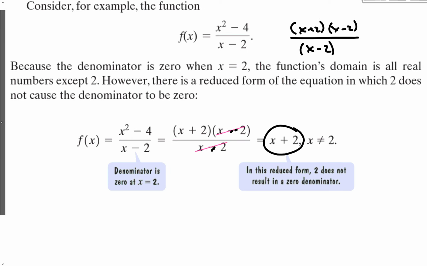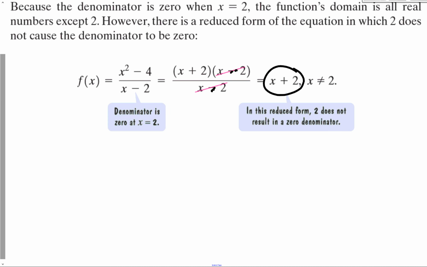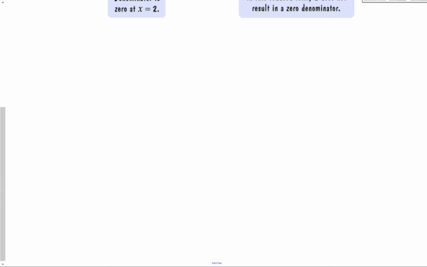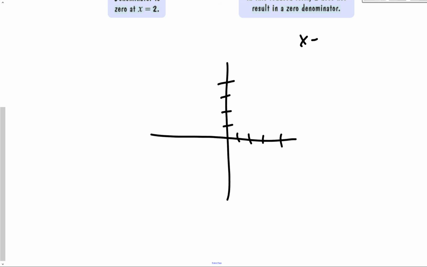It's just a line. Okay, so if I were to draw this, we have x plus 2, which means that the slope is 1, the y-intercept is 2, so I know how to graph a function that looks like that.